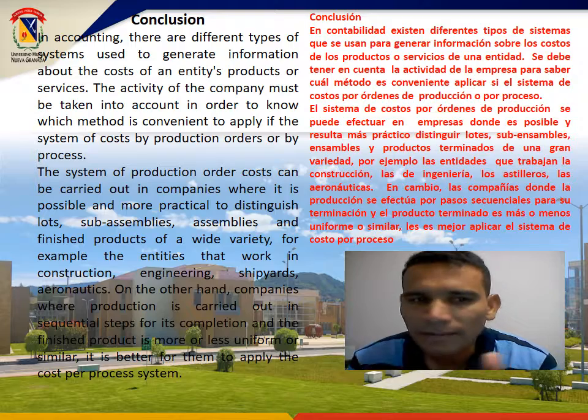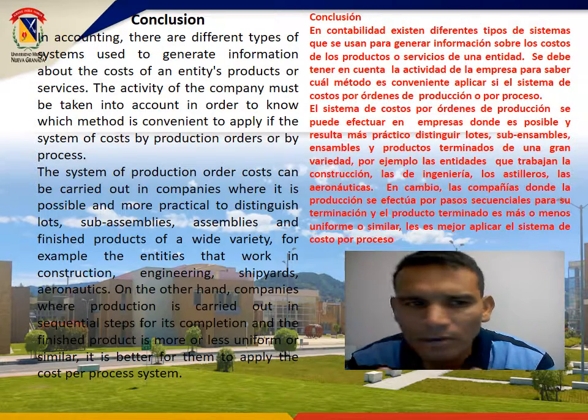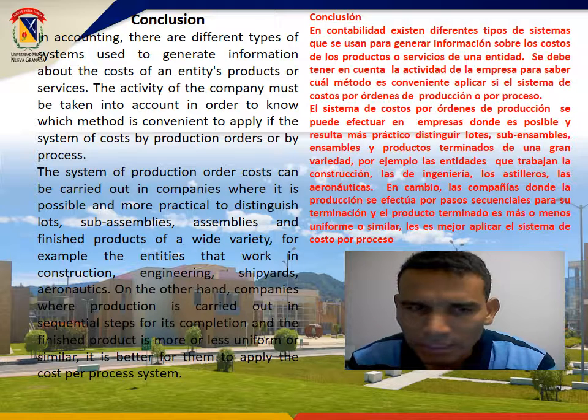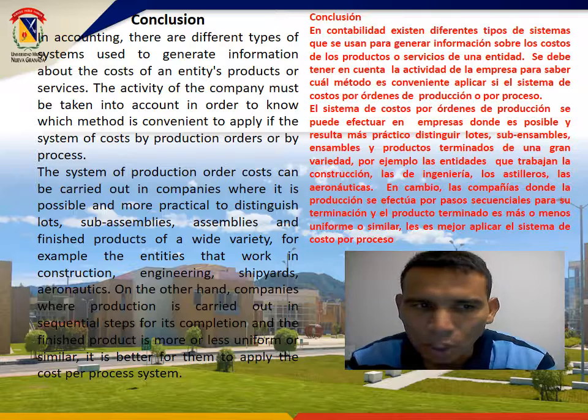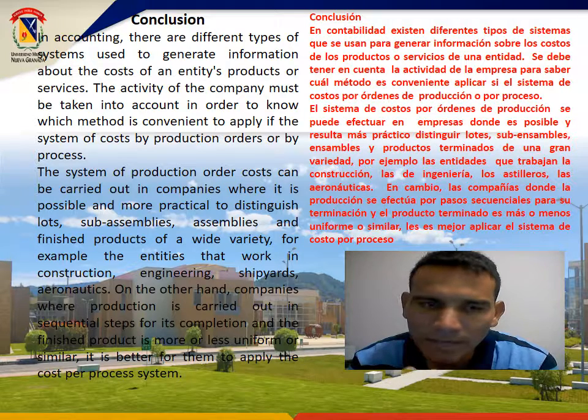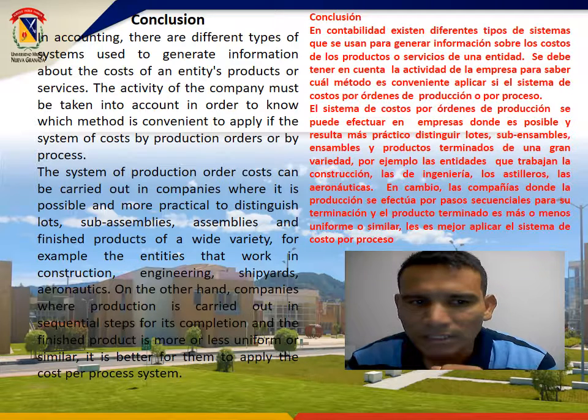On the other hand, in companies where production is carried out in sequential steps for its completion and the finished product is more or less uniform or similar, it is better to apply the cost per process system.